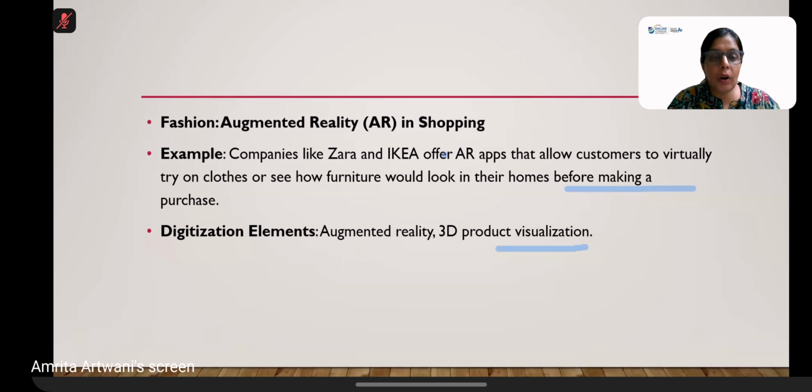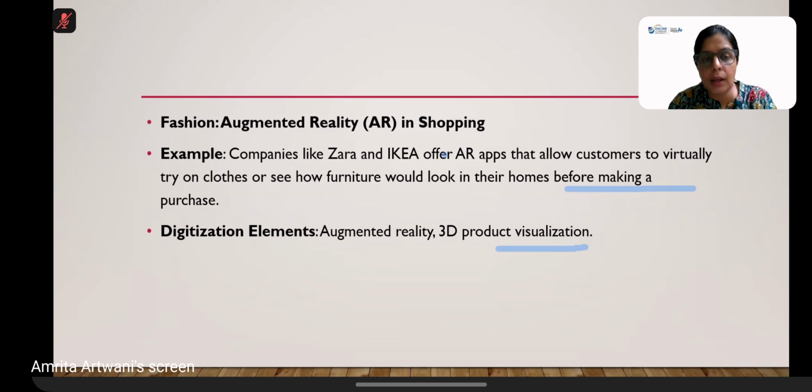Fashion like augmented reality: companies like Zara, IKEA offer AR apps that allow you to virtually try on clothes. Same on Lenskart also. If you have the Lenskart app, there also you can try how a particular frame or the entire glasses will look on your face. And then you can go for purchase.